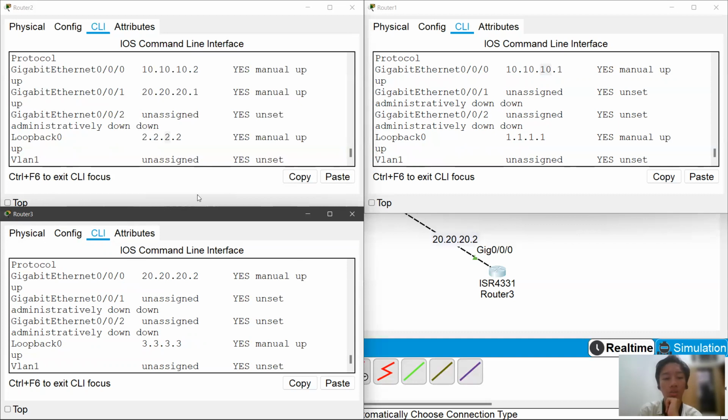Okay, so to connect all of these, we can configure static routes.